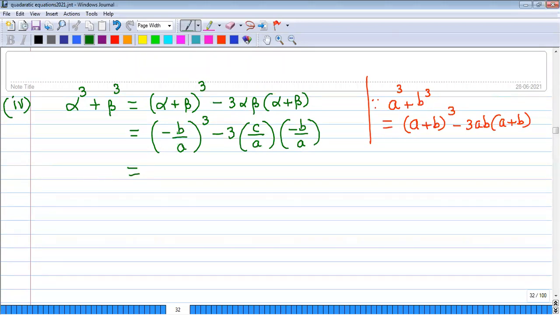When you cube the negative number, you get a negative number only. Negative b cube upon a cube. Negative into negative is positive, so 3bc we can write upon a square.